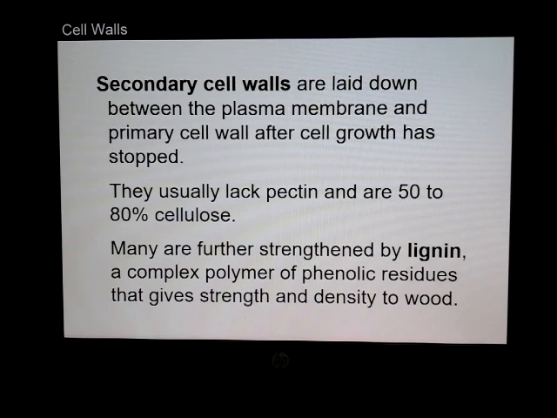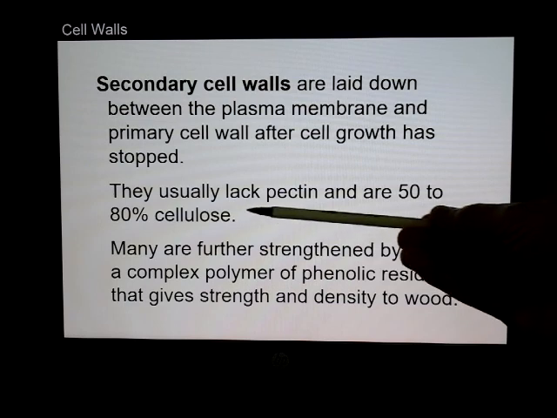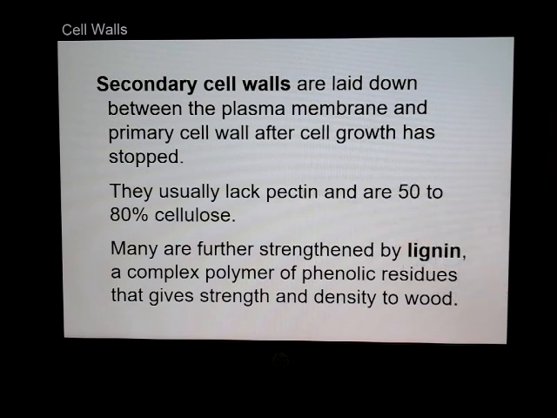They usually lack pectin and are about 50 to 80% cellulose. They're further strengthened by what's called lignin, a complex molecule of phenolic residues. And if you think of things like wood, this is what provides the strength and density to wood.